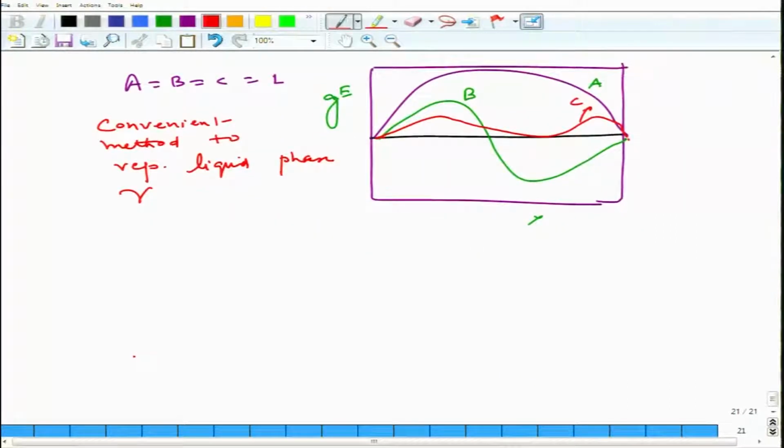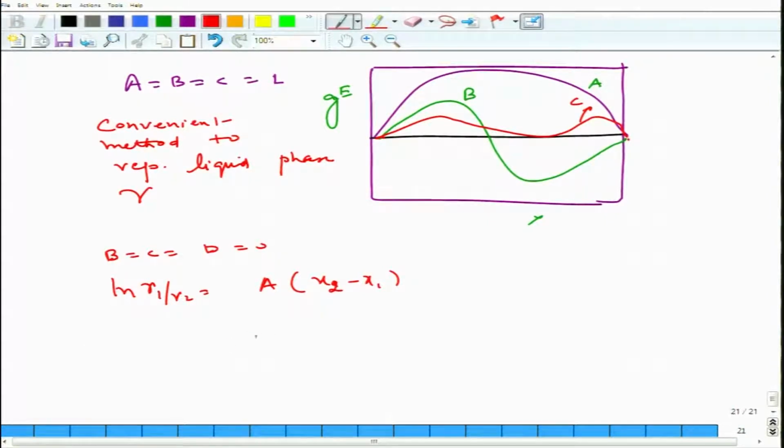Note that if I consider B equal to C equal to D equal to 0, because there could be other terms also, then ln gamma 1 by gamma 2 would be simply A times x2 minus x1, and it is a straight line.